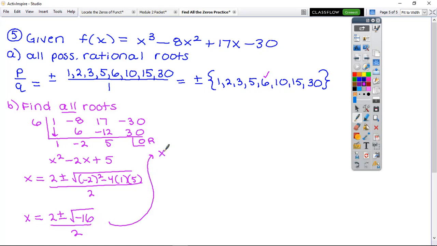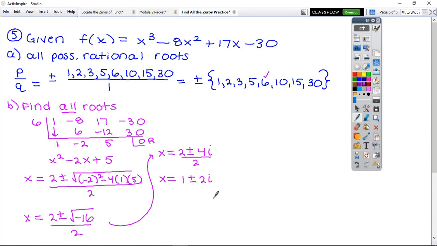I am left with x equal to 2 plus or minus 4i over 2. And then you must divide everything by 2. All right, so we are all set. We're just going to summarize these answers. This was a degree 3 polynomial, meaning we needed 3 roots, and we have them.